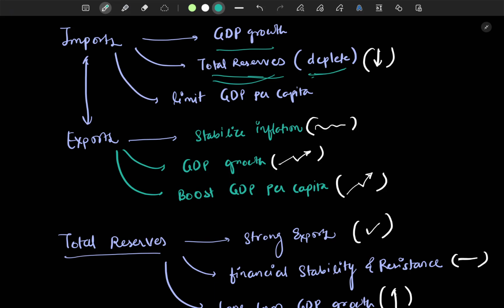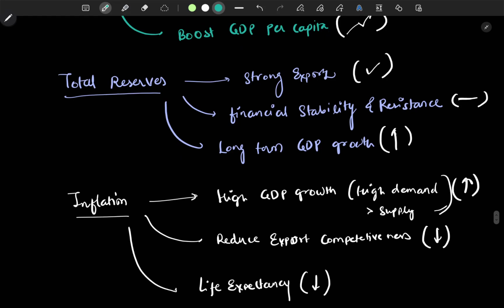The imports also limit GDP per capita. The export stabilizes the inflation. GDP growth boosts GDP per capita, as discussed. Total reserves means strong exports. As I talked about earlier, total reserves maintain financial stability and long-term GDP growth.